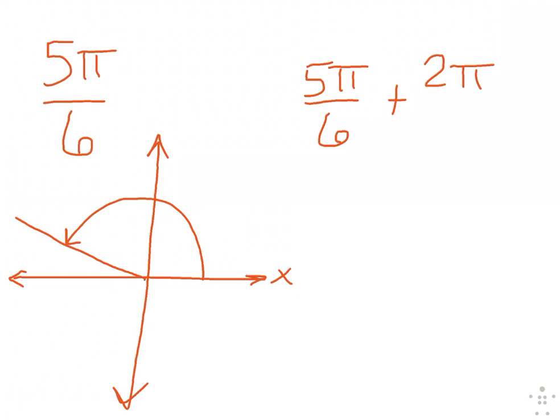Now here's the nice thing. Your calculators will do this for you if you type it right. Realistically, I do not care about the pi just yet. I'm really taking 5/6 plus 2. So on my calculator, I'm going to take 5 divided by 6 plus 2. That's what I typed, right?